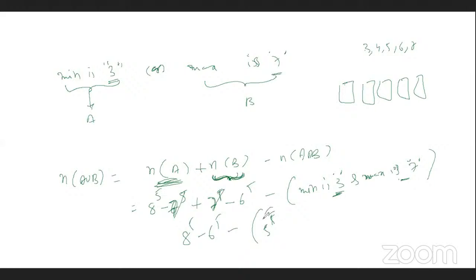So in this, what should we subtract? The cases where 3 is not present, and the cases where 7 is not present. How many ways? 4 power 5 for 3 not present and 4 power 5 for 7 not present.